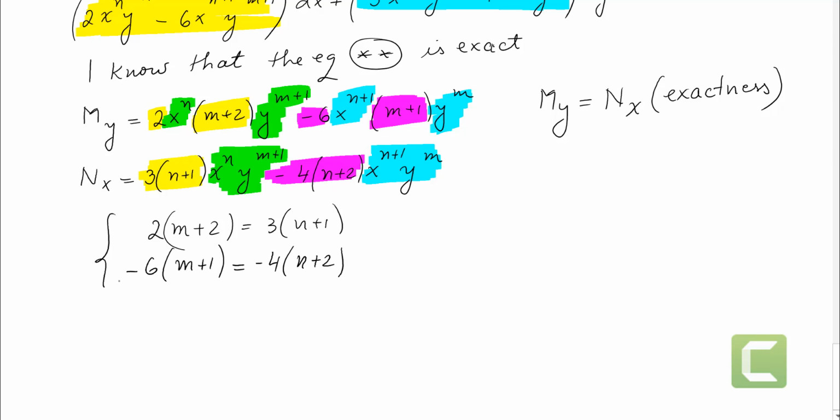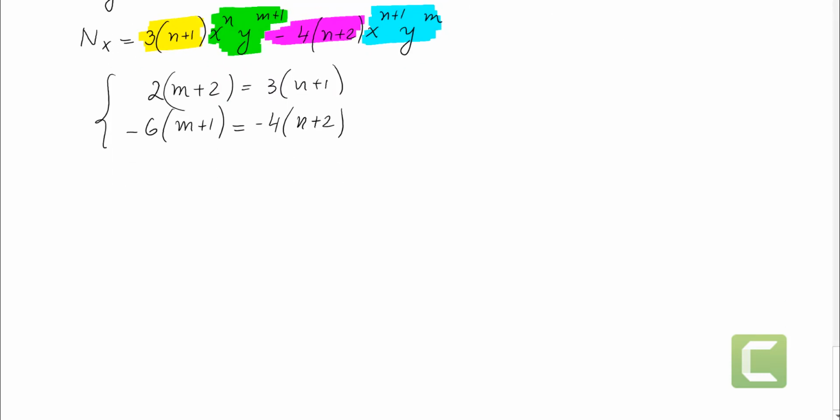Luckily, you learned how to solve systems of two equations with two unknown values. So I'm going to rearrange them. So 2m minus 3n equals 3 minus 4, and negative 6m plus 4n equals negative 8 plus 6.